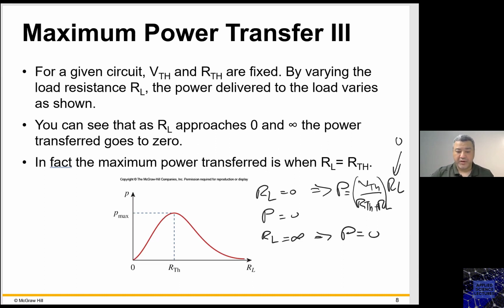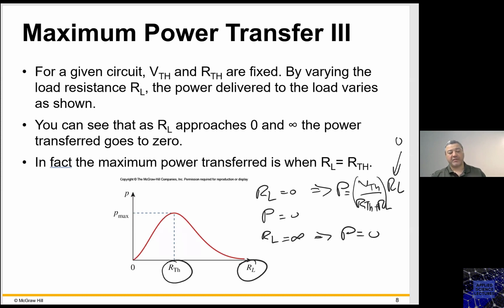So if you have a short circuit connected to the load, the power delivered would be 0. If you left it as an open circuit, which is an infinite resistance, also the power delivered to the load will be 0. So what is the best load that you can choose for a circuit to have a maximum power transfer received at that load is to pick this RL to be R Thevenin.